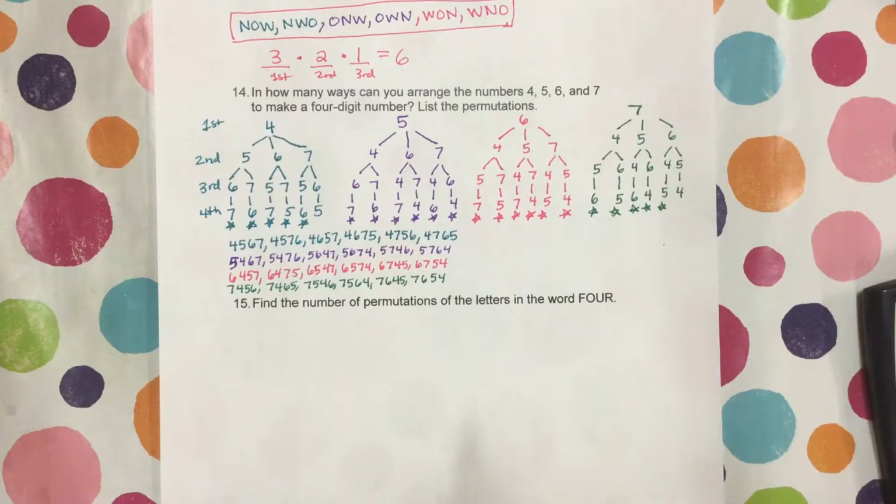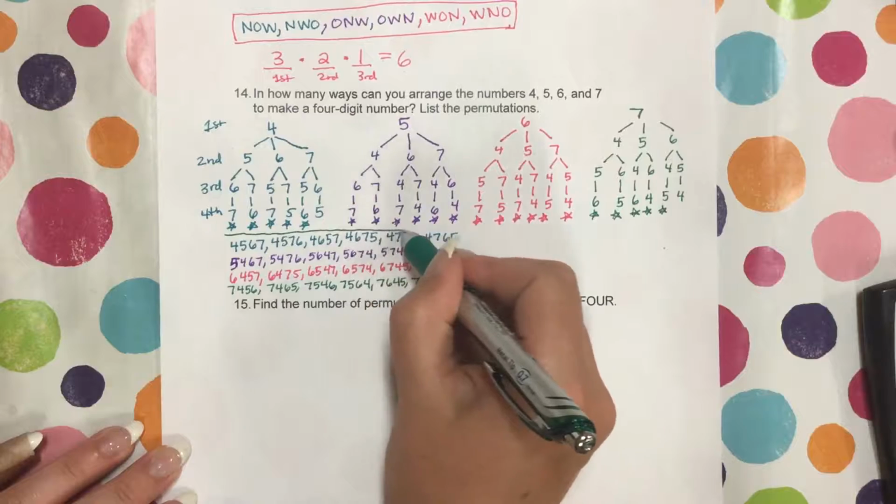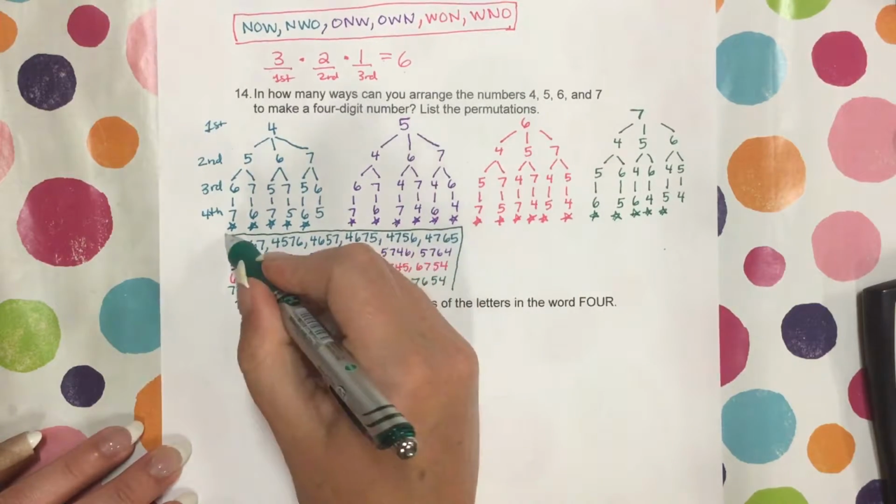Holy goodness, that is it. That is a list of all the permutations.